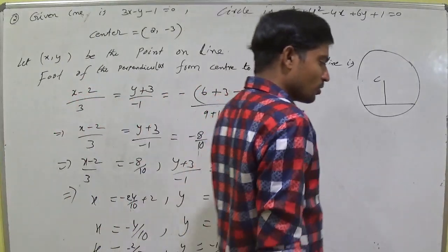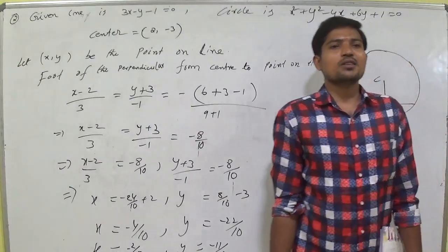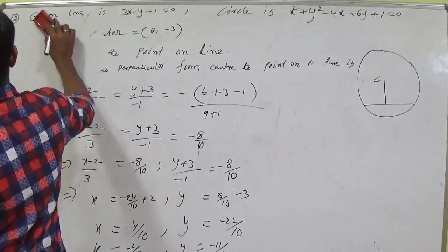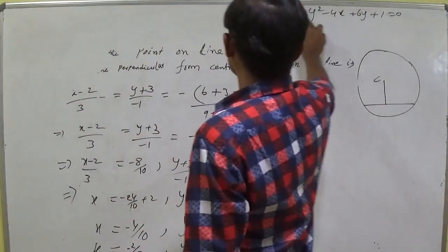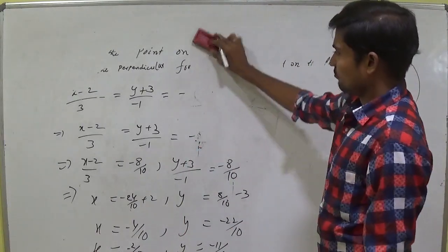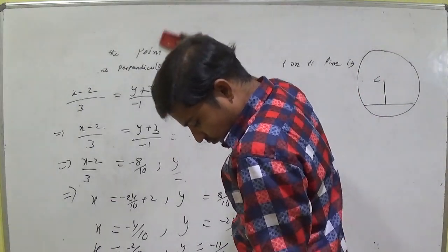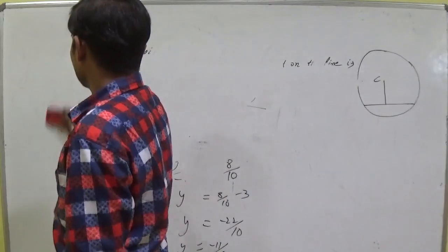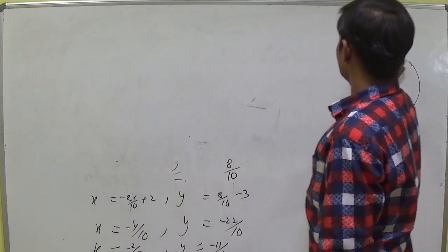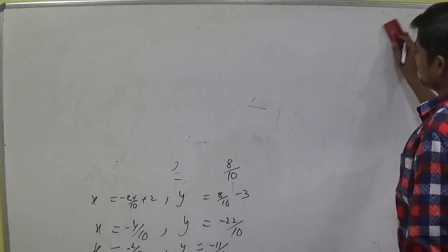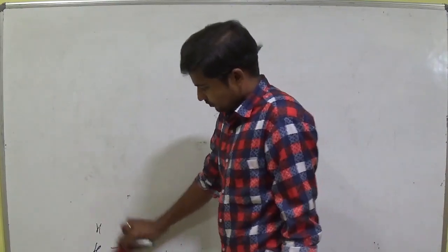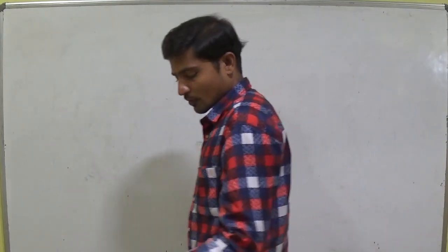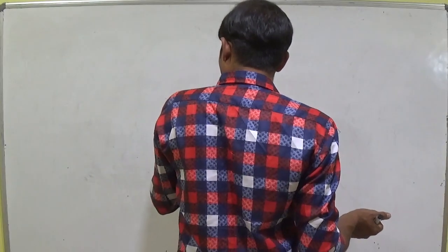Formula is 2 into square root of modulus S11. Third one, length of the chord.